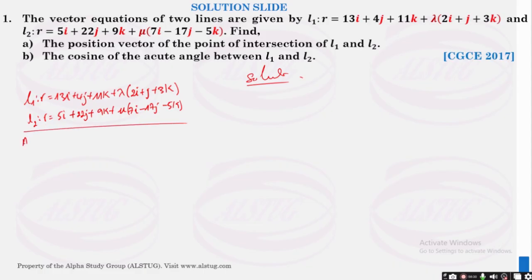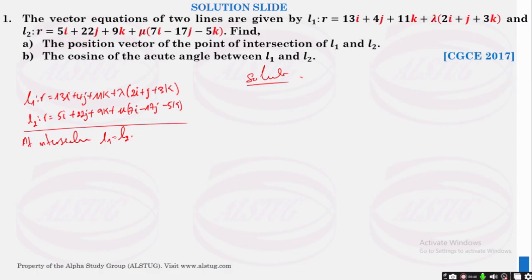Now at intersection, L1 is equal to L2. If L1 is equal to L2, then the x coordinates of L1 should be equal to the x coordinates of L2. So all coordinates are equal.